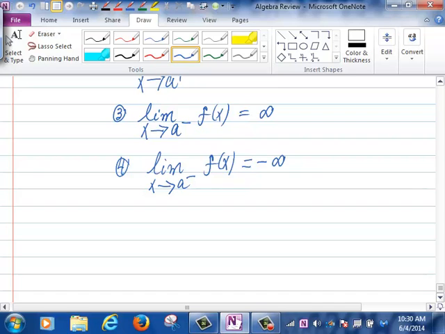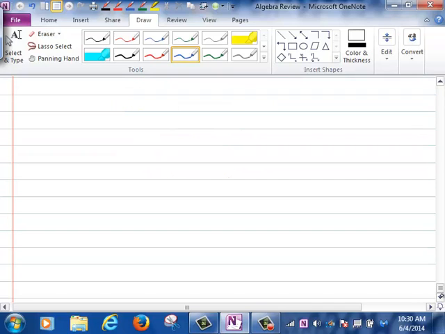Let's go over a few examples and make sure we understand this. My first example is the following. What's the limit as x going to 0 of 1 over x?